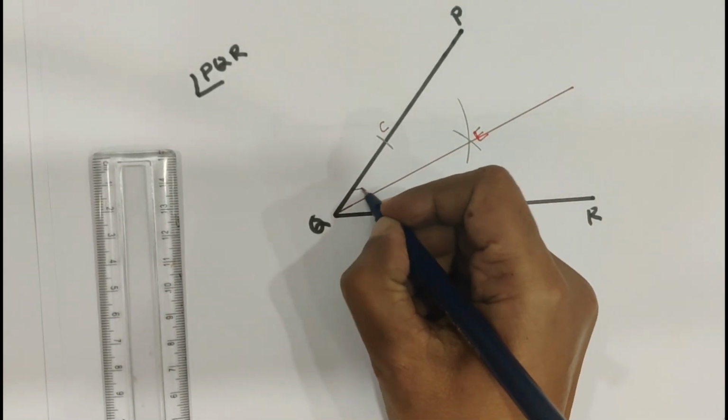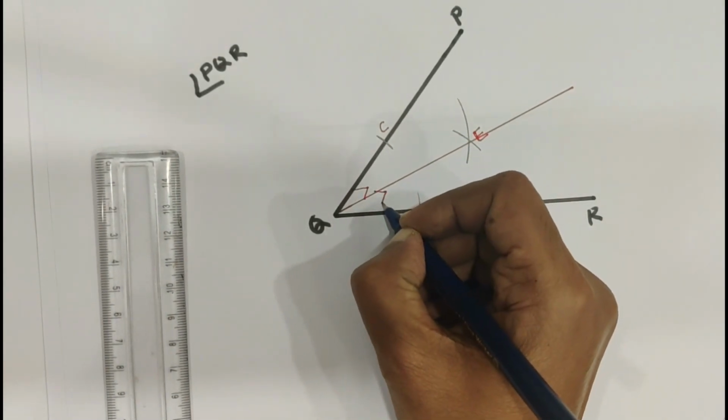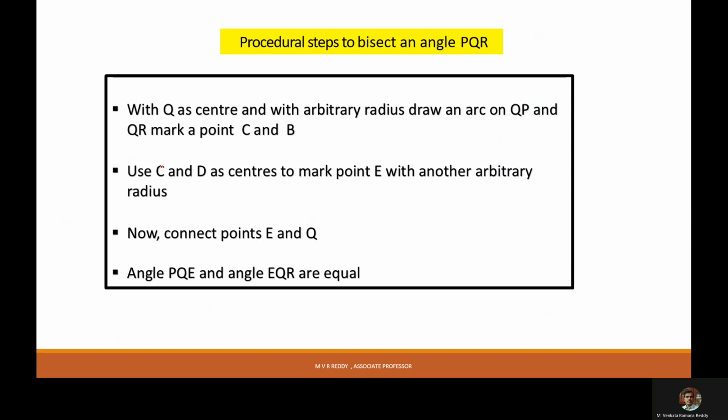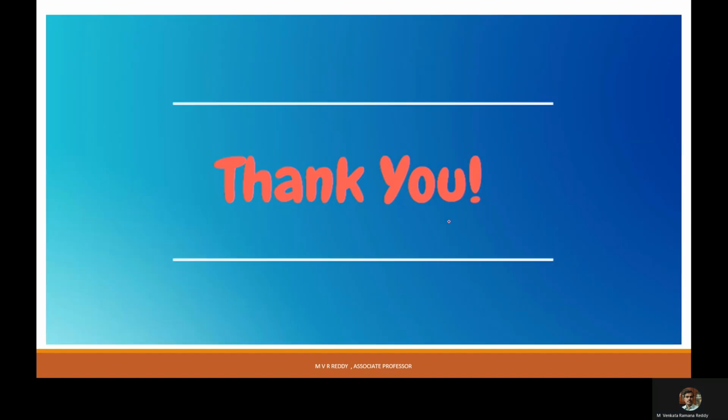That is, this angle is equal to this angle. Like this, we will bisect an angle. These are all the theoretical steps for bisecting an angle.